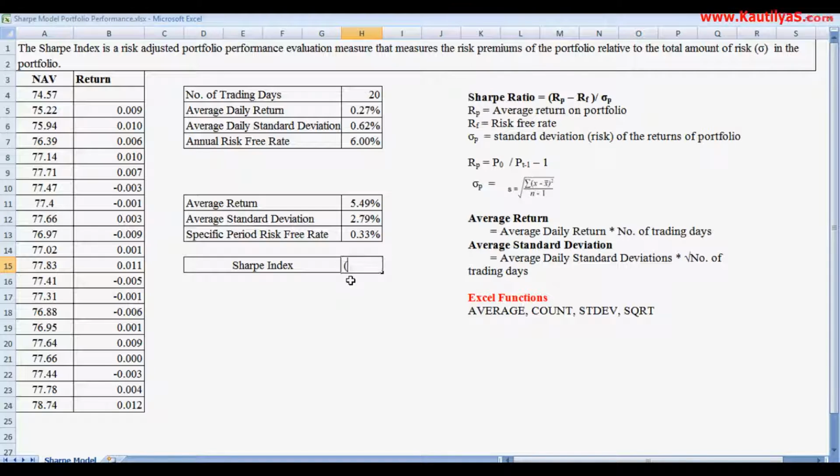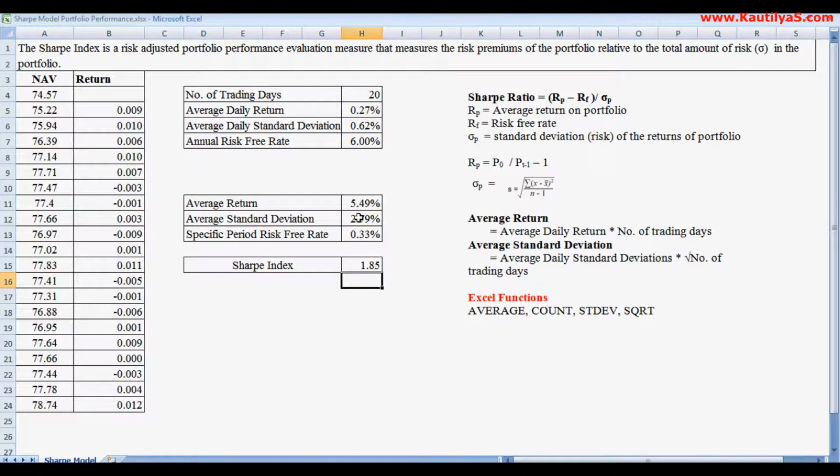So this equals return on portfolio minus risk-free rate divided by total risk, that is standard deviation, and this gives us the Sharpe index of 1.89.